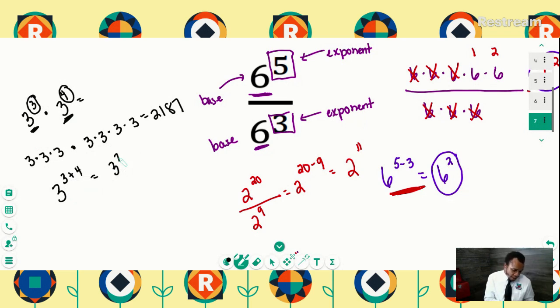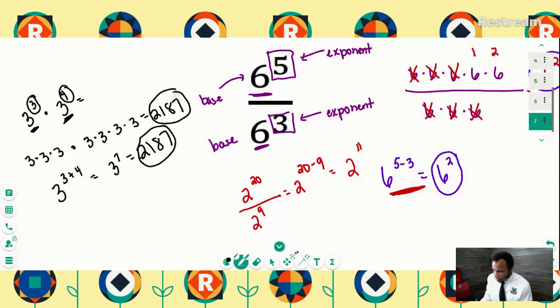And if we type this into the calculator, 3 to the 7th power, guess what that gives us? 2187. So notice that either way you go, you'll get the same answer. It's just understanding what to do with the pieces that you have helps you move a whole lot quicker.